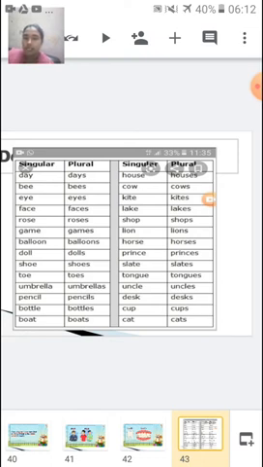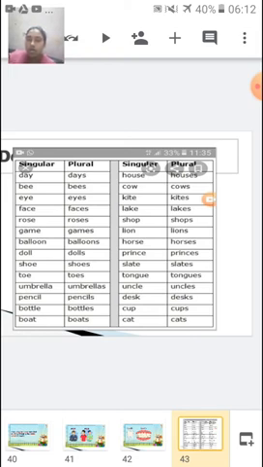Face, faces. Rose, roses. Game, games. Balloon, balloons. Doll, dolls. Shoe, shoes. Toe, toes. Umbrella, umbrellas. Pencil, pencils. Bottle, bottles. Boat, boats. House, houses.